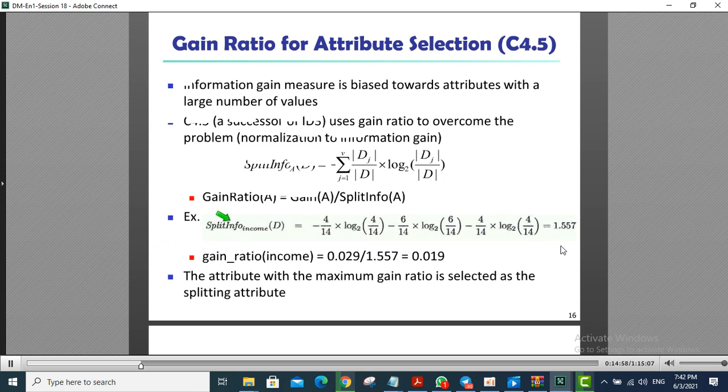Here, for example, for our last example in the last lecture, we calculate the split information of income in dataset D. Here you can see that split information of D according to the income is 1.557 and gain ratio of income is 0.019.